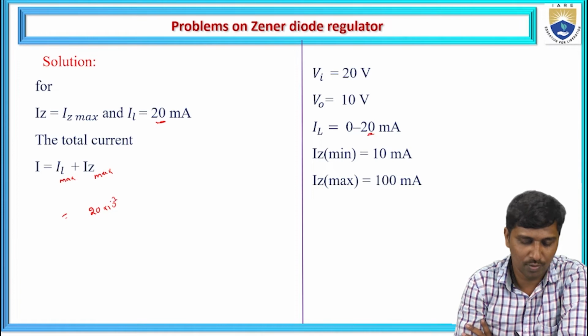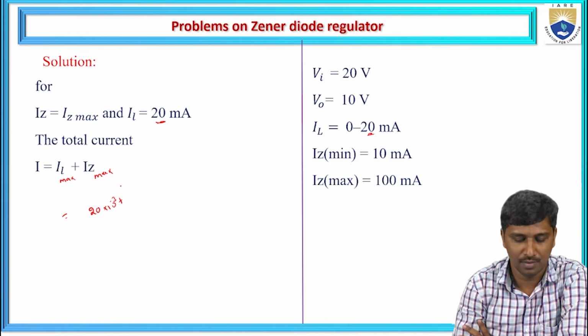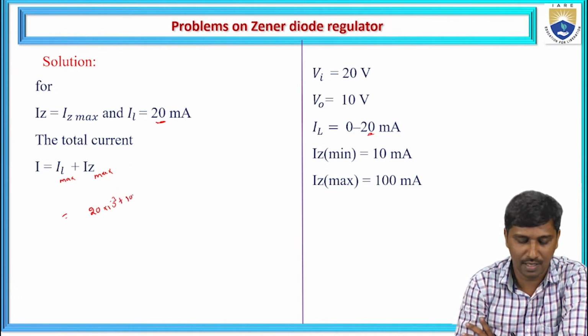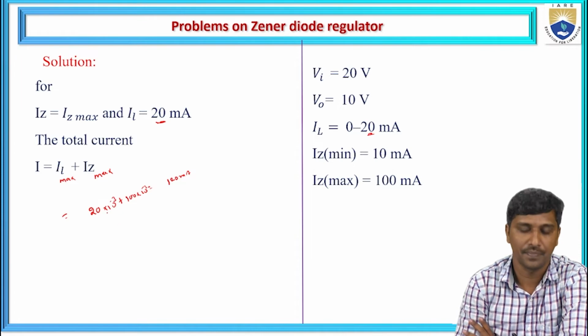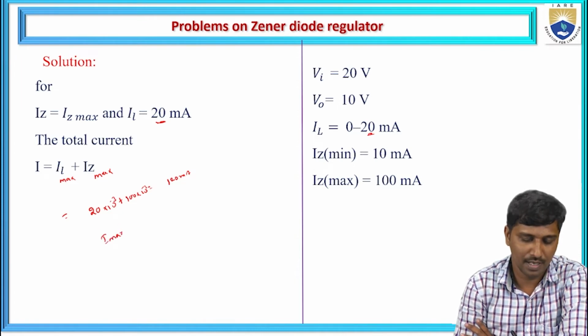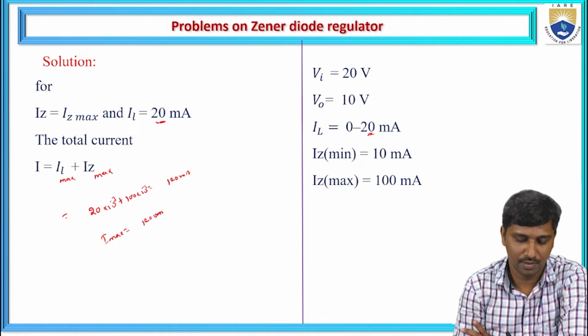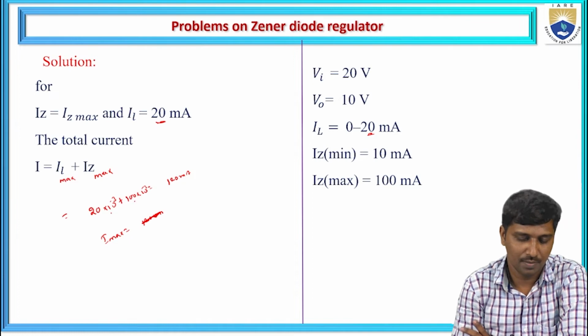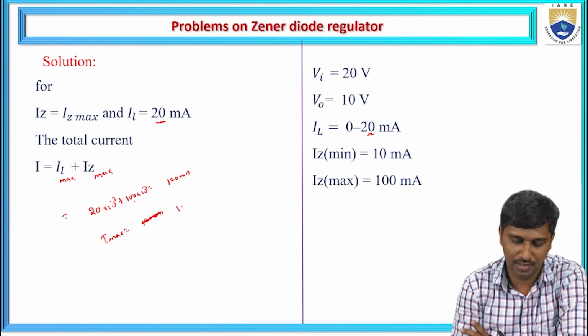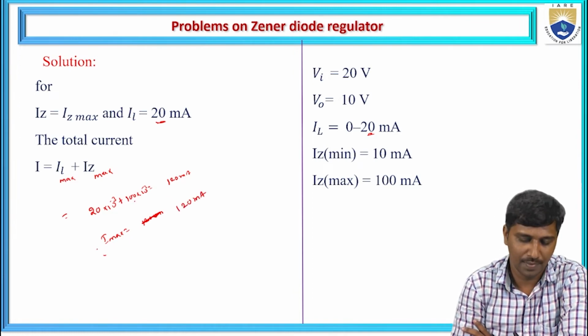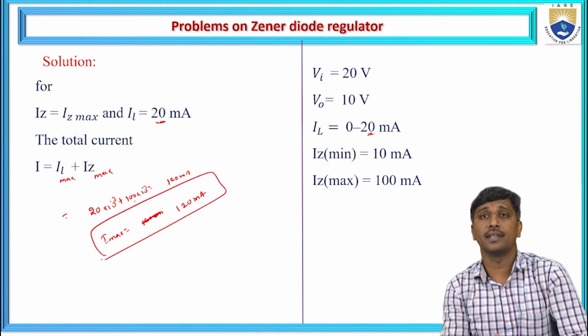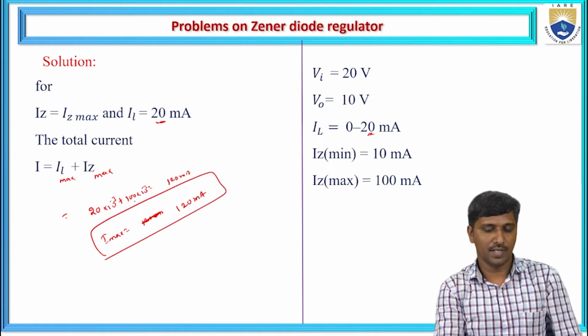So 20 into 10 to the power of minus 3 plus the maximum Zener current, which is 100 milliamperes. So 100 plus 20 milliamperes is 120 milliamperes. The maximum current is represented as 120 milliamperes.